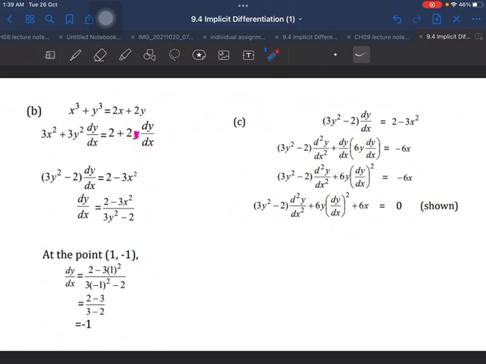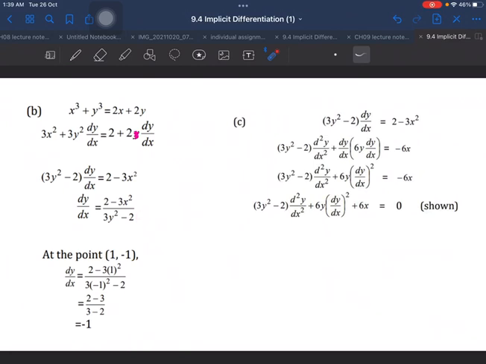And then I factorize. 3y square minus 2 times dy over dx equals 2 minus 3x square. And then we get the dy over dx equation is 2 minus 3x square over 3y square minus 2.